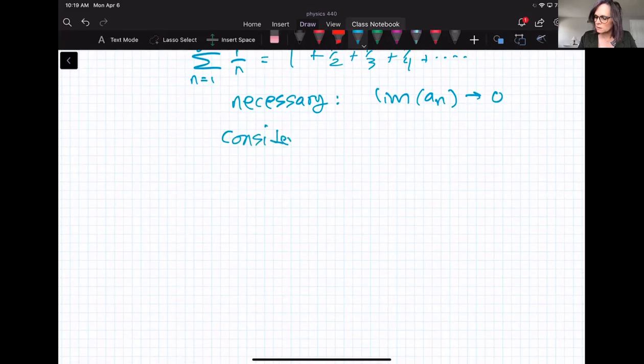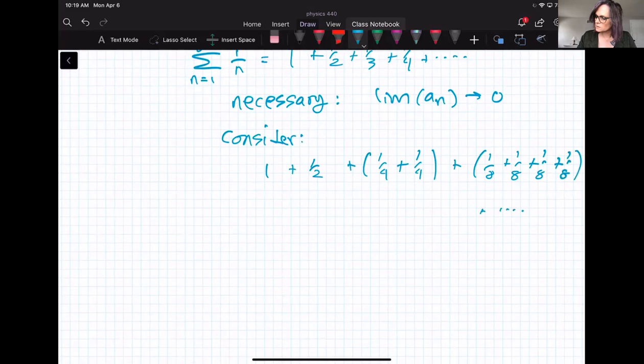So consider the series 1 plus 1/2 plus 1/4 plus 1/4 plus 1/8 plus 1/8 plus 1/8 plus 1/8, and so on. And obviously, this is a half, this is a half, this is a half.